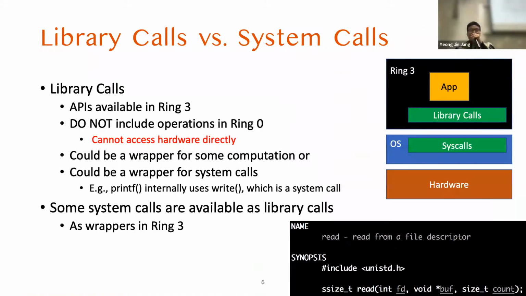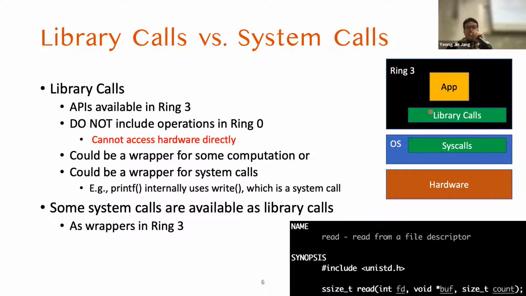And in this kind of structure, we learned about library calls and system calls. The reason we are learning the distinction between the two is that a system call is conceptually something like a function call, but it is implemented in a totally different way.